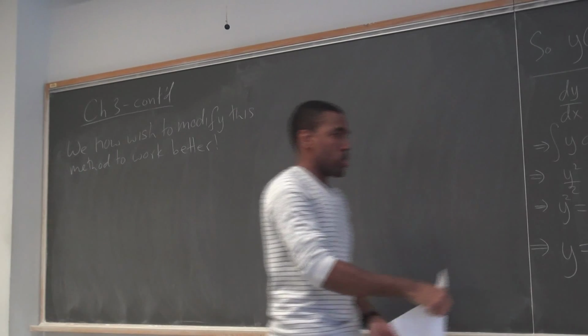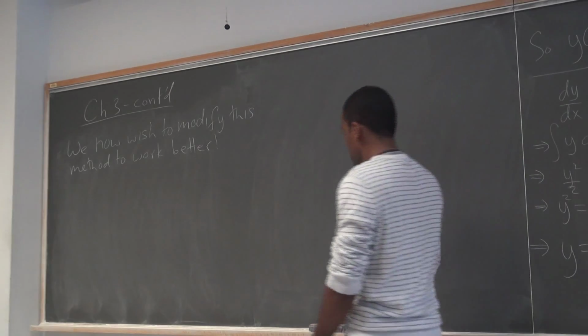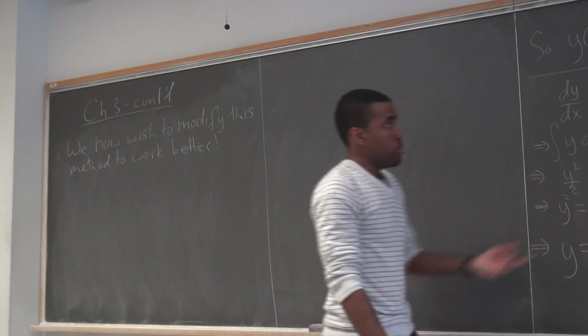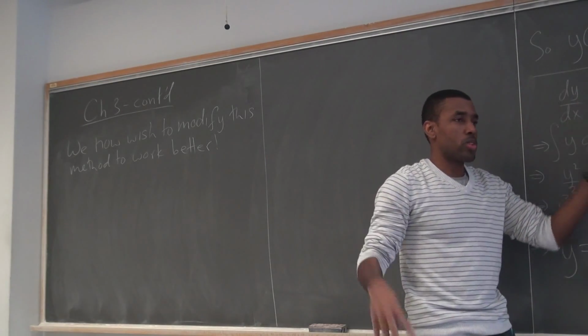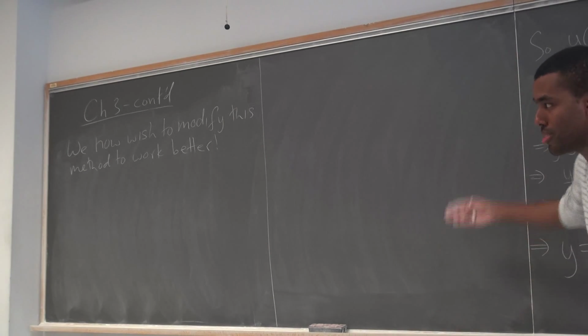Now I want to modify this to work better. Better in the sense that we get a better approximation in a lot fewer steps. Here we're talking about 5 steps, 4 steps, but when these problems really come up where you would need a technique like this, you might have to take hundreds or hundreds of thousands of steps.